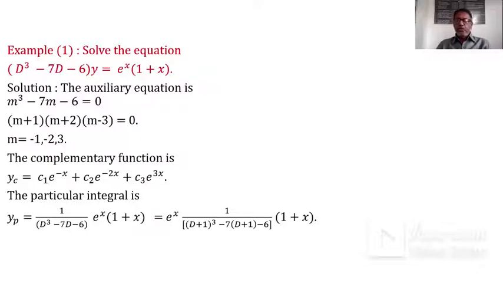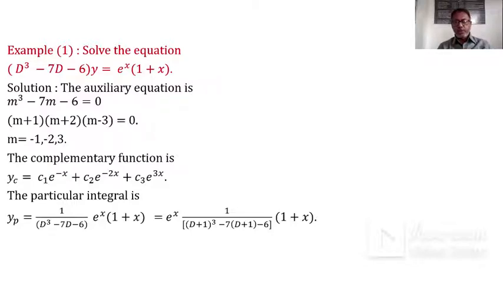Here we take e to the power x outside of this operator and we substitute d by d plus a. Here a is 1. Therefore, in f of d, we substitute d by d plus 1.